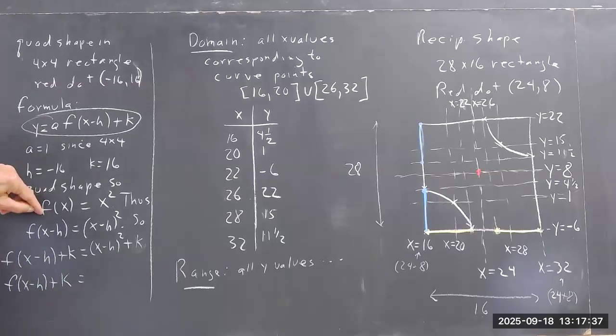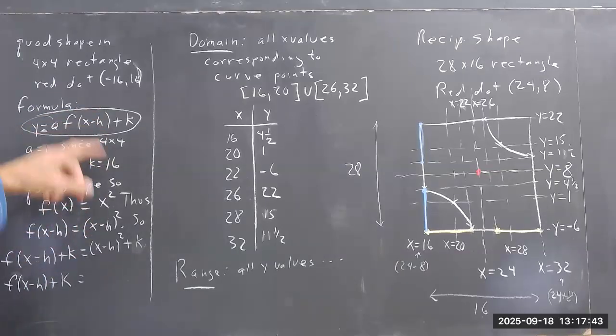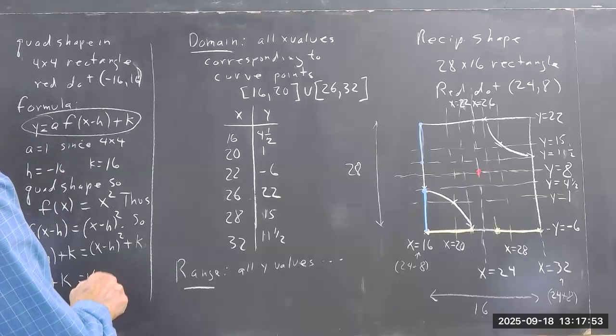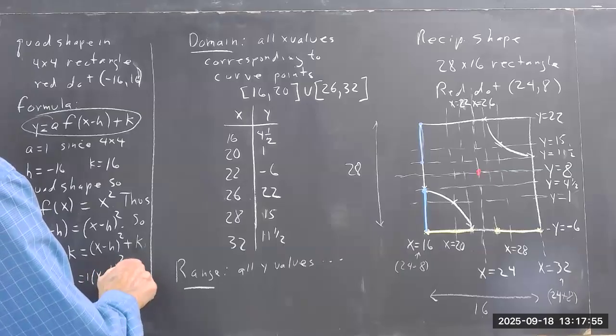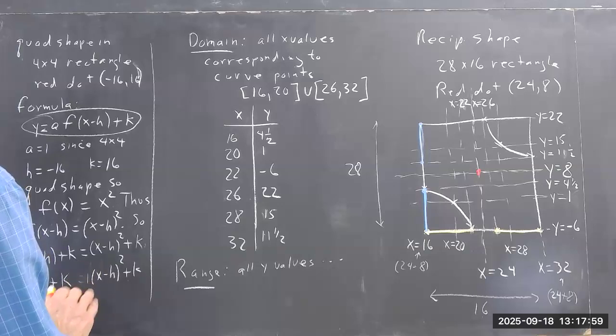Once you get f of x minus h, then it's just whatever that is, plus k, and then with an a in front of f of x minus h. So it's 1 times x minus h squared plus k. Actually, I'm using the symbols right now.